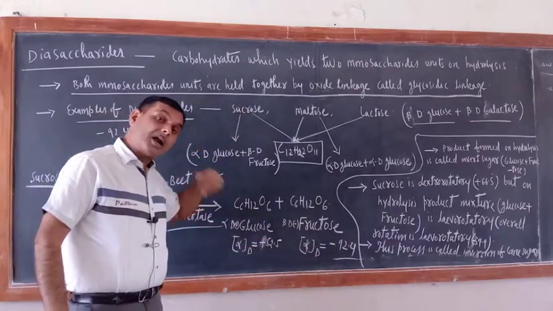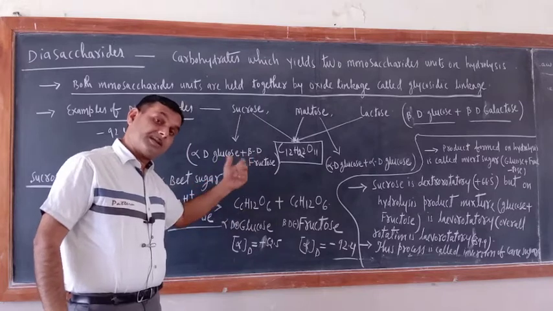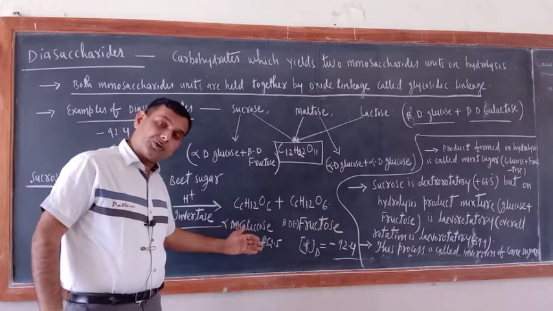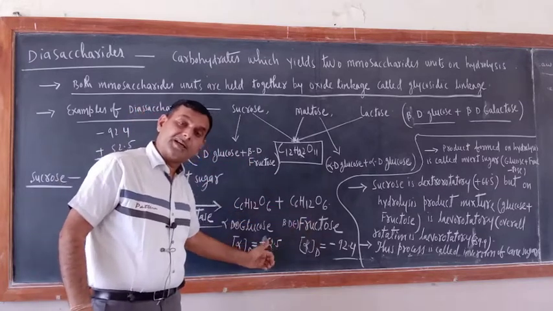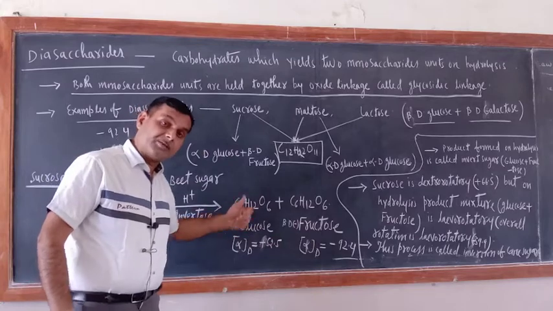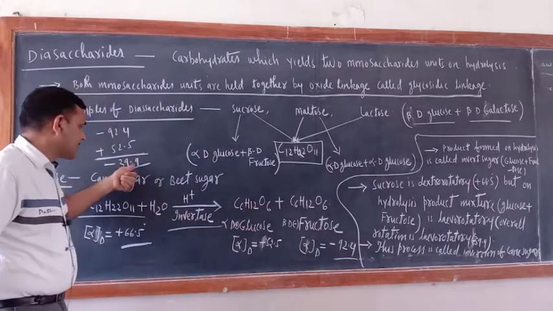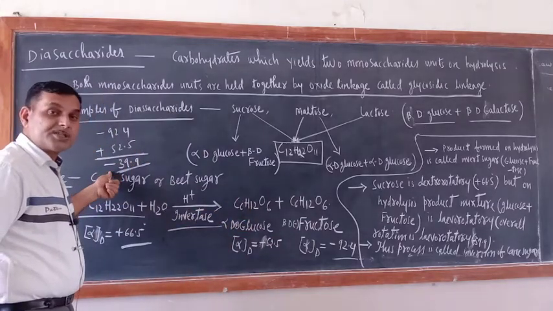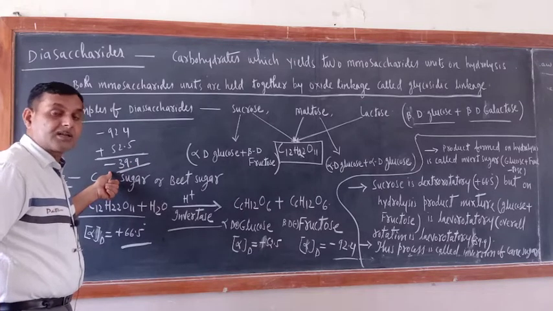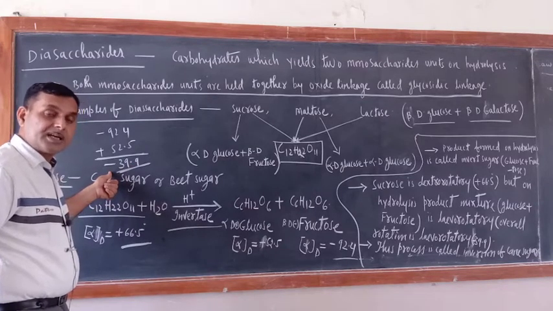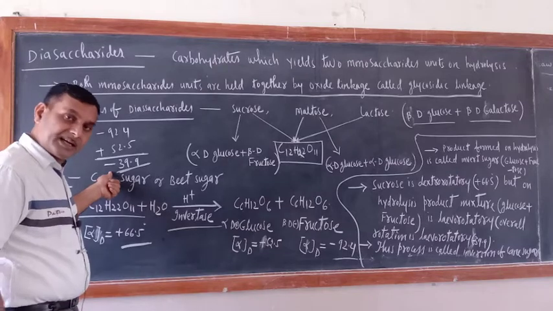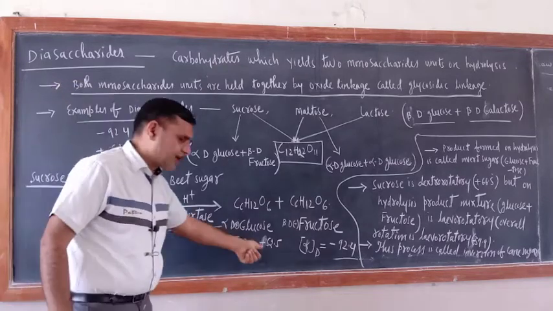The overall difference between dextrorotatory and laevorotatory is minus 39.9, which means it is still minus, so laevorotation is greater than dextrorotation.